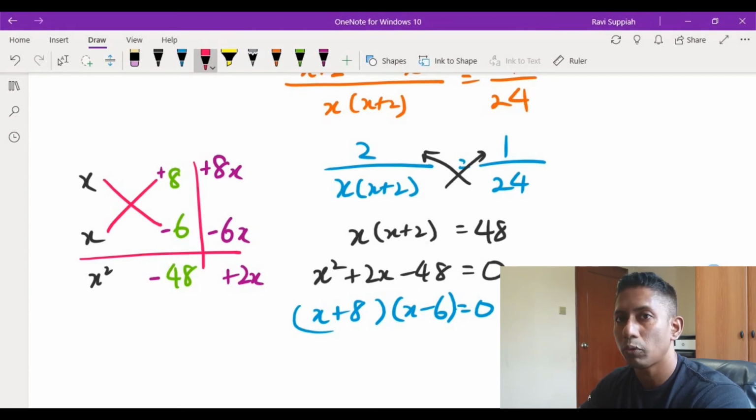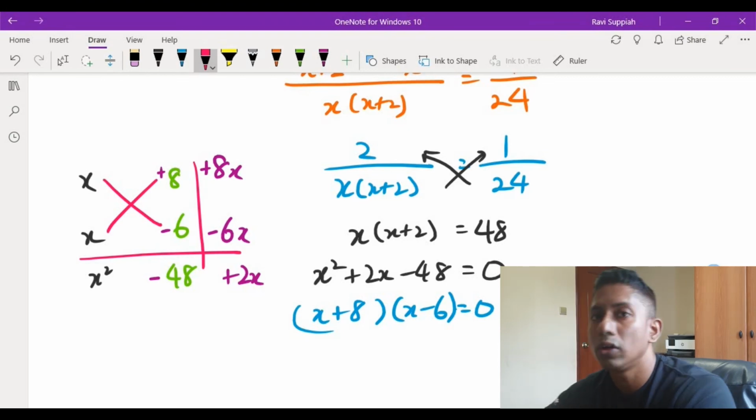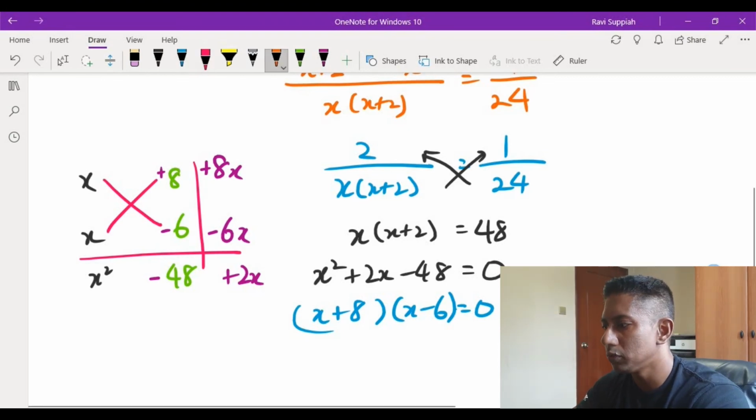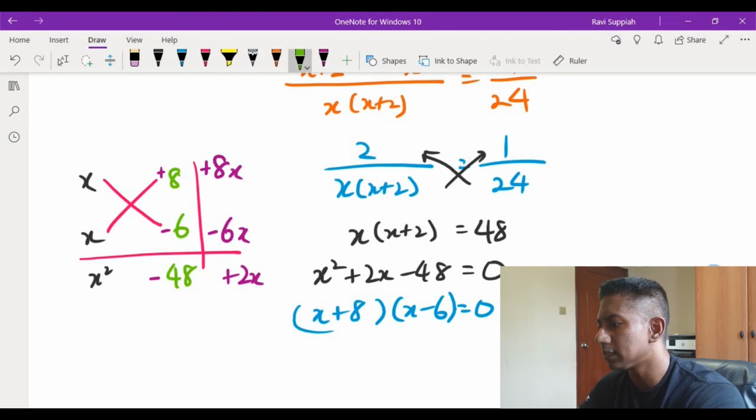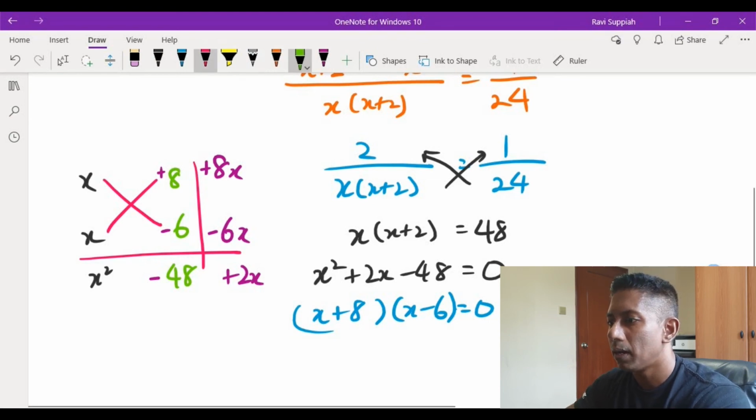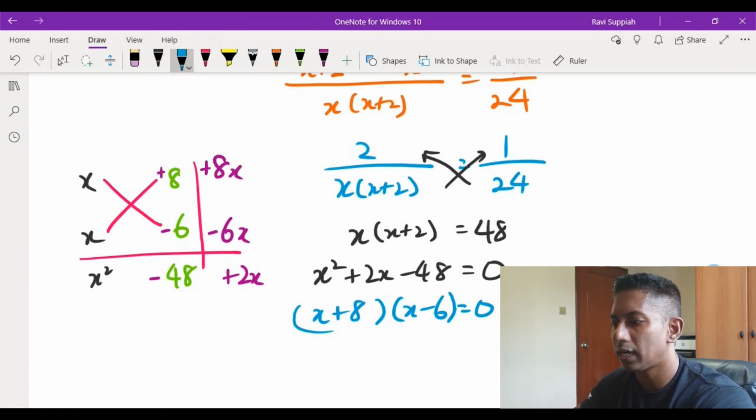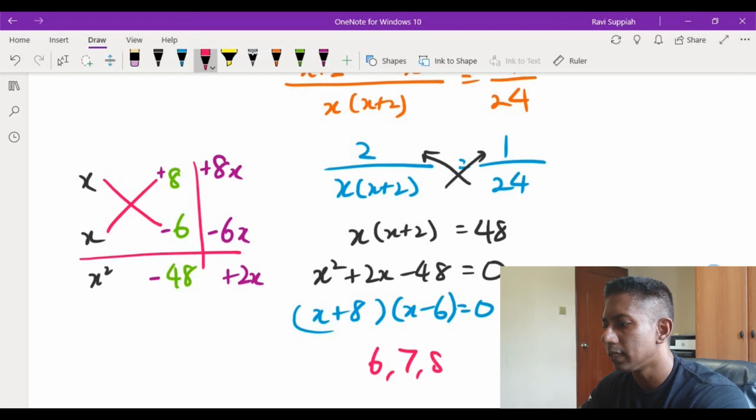Since the question says there are three consecutive positive values, the value for x is taken to be 6. So the three consecutive numbers are 6, 7 and 8. That is how you solve this question.